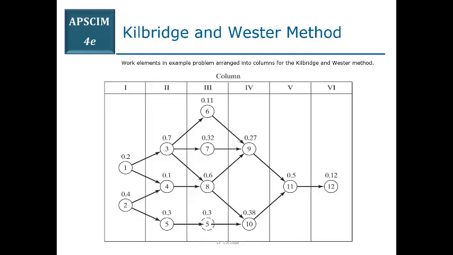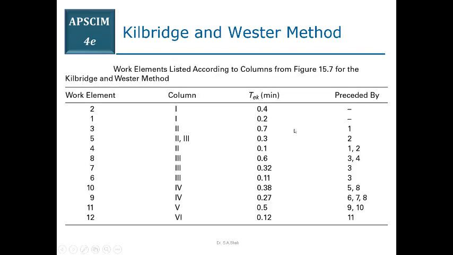So let us start. You have the precedence diagram. First you will arrange it into columns. I have told you how you can arrange the elements column-wise, and then you will rearrange the same table according to that column-wise distribution.